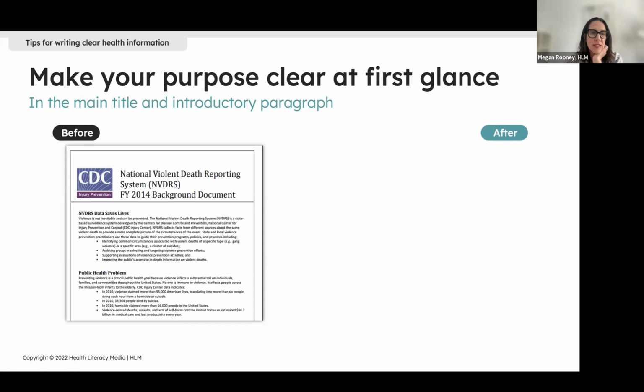So you look at this document and it's called National Violent Death Reporting System, fiscal year 2014 background document. So do you feel that you understand what this is about just by reading the title and maybe skimming the headings? Feel free to put your answer in the chat or unmute yourself.